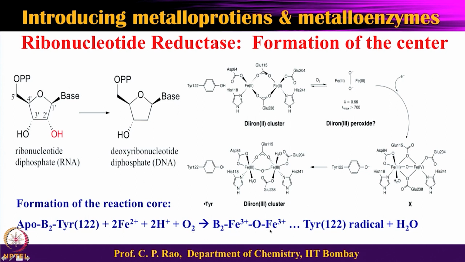And this, in the presence of electron reduction, will give the tyrosine radical. So, this whole unit is very essential, and of the oxygen that is added, one O is used for bridging, and the other O will go as a water, as you can see here. The whole system is required.